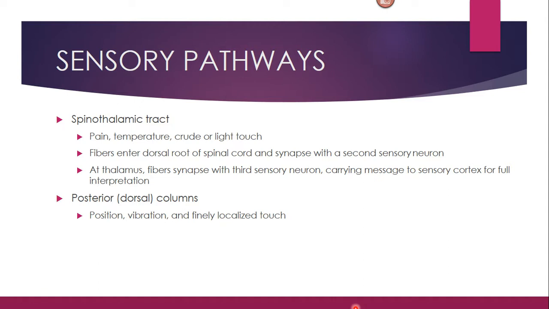So there are fibers that enter the dorsal root of the spinal cord and synapse with a second sensory neuron. And then at the thalamus, remember where that was located, fibers synapse with a third sensory neuron, which carries the message to the sensory cortex, so we're able to interpret what we are feeling or sensing.